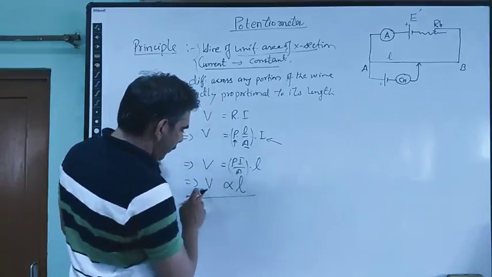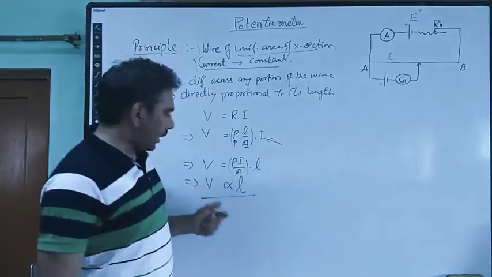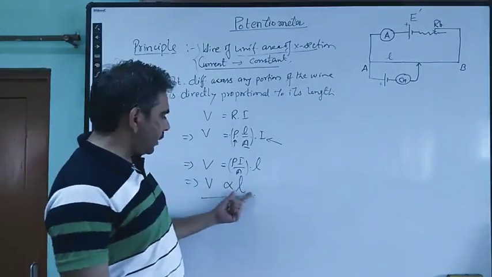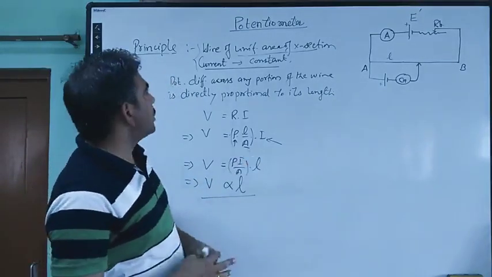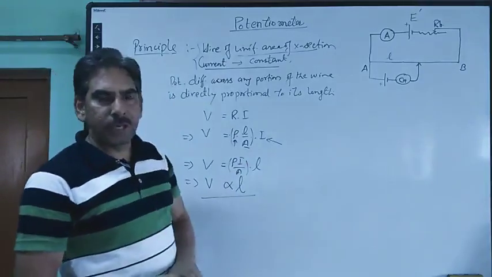So the potential difference across the two ends of any portion of the wire is directly proportional to the length of that particular portion. This is what the principle of potentiometer says.